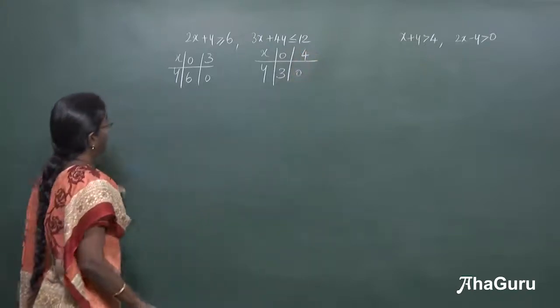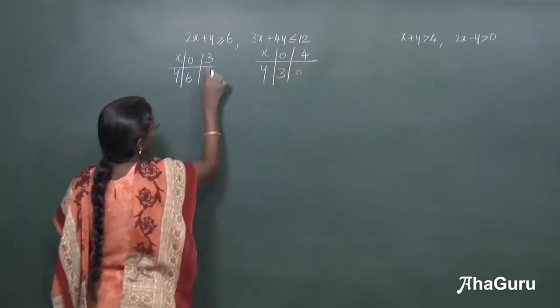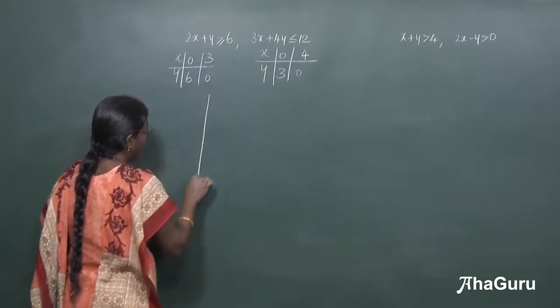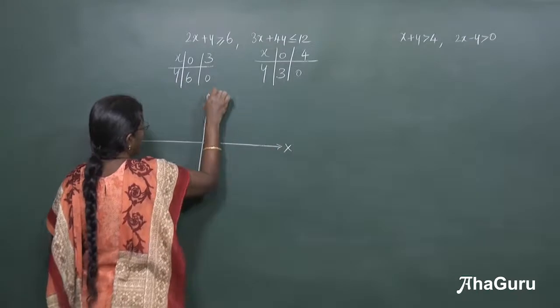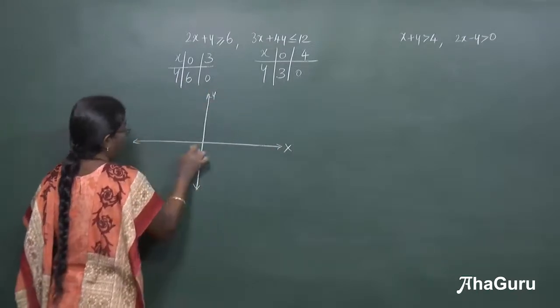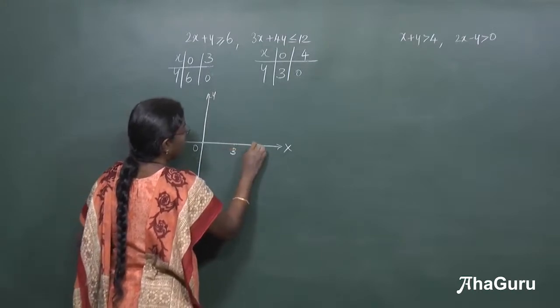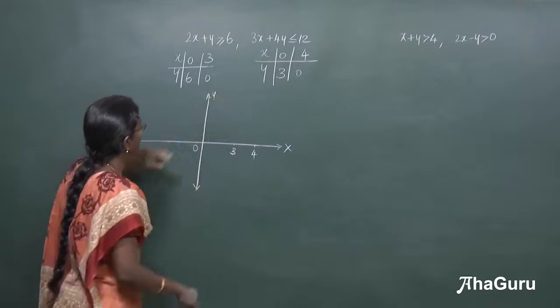Okay? Right. Now what are the points you need on the x axis? One is 3, the other one is 4. Take a proper scale. On the y axis I need the points 3 and 6.